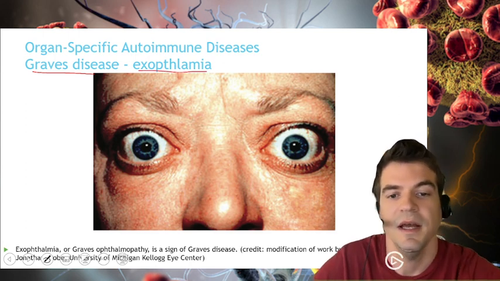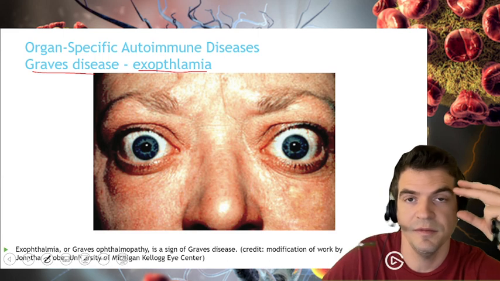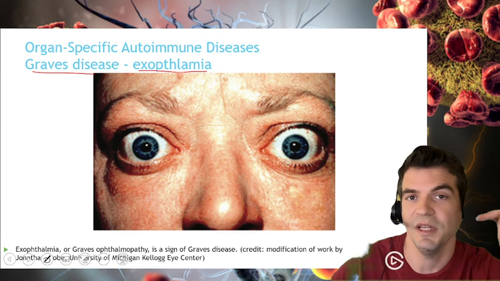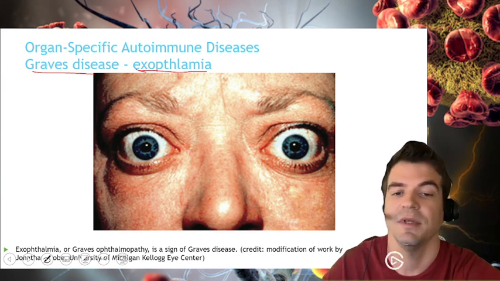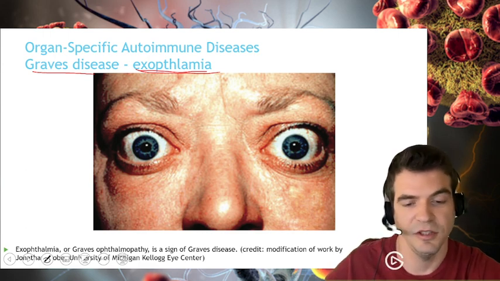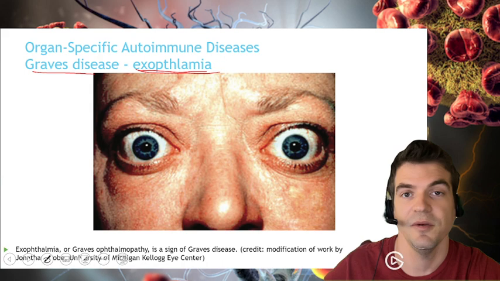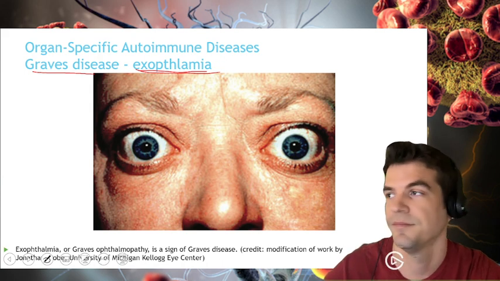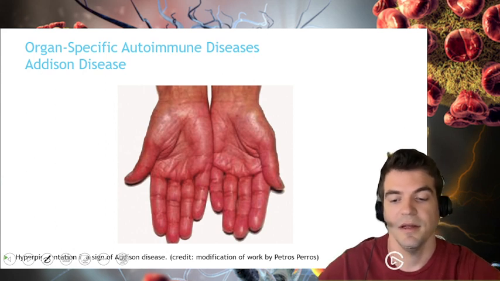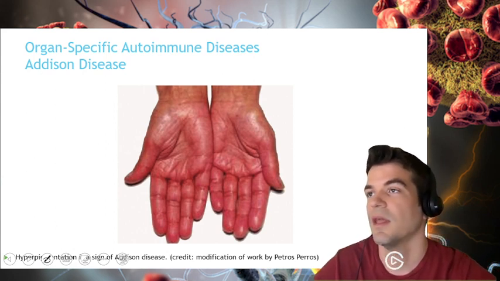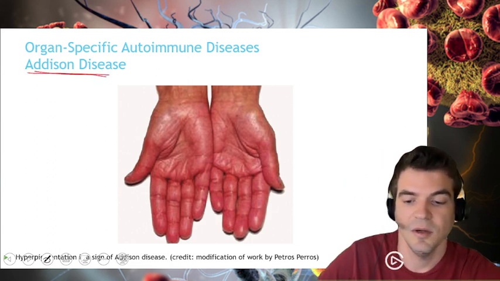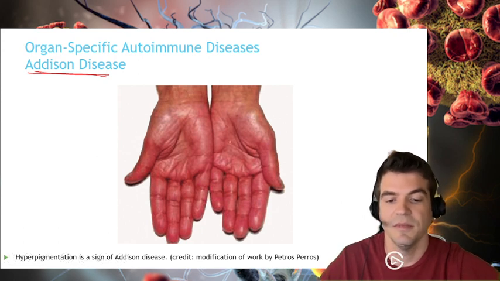Exo meaning out of, not endo meaning into, or meso meaning in between, but exophthalmia. So these two symptoms together would tell you that you have Graves' disease, a problem in your thyroid. Another autoimmune disease in the organs is Addison's disease, where you get hyperpigmentation.